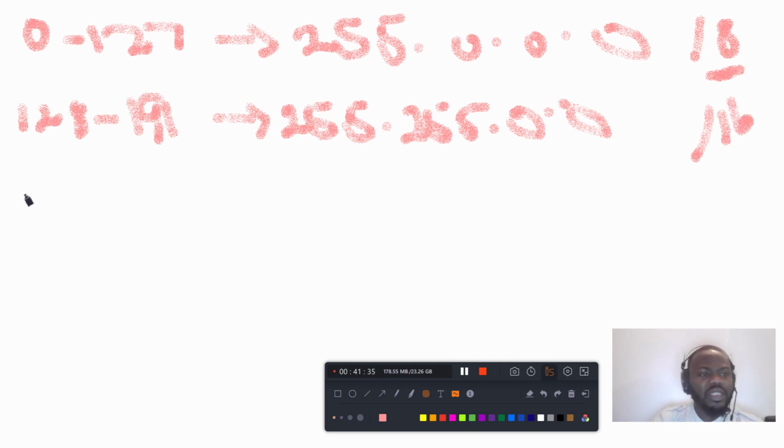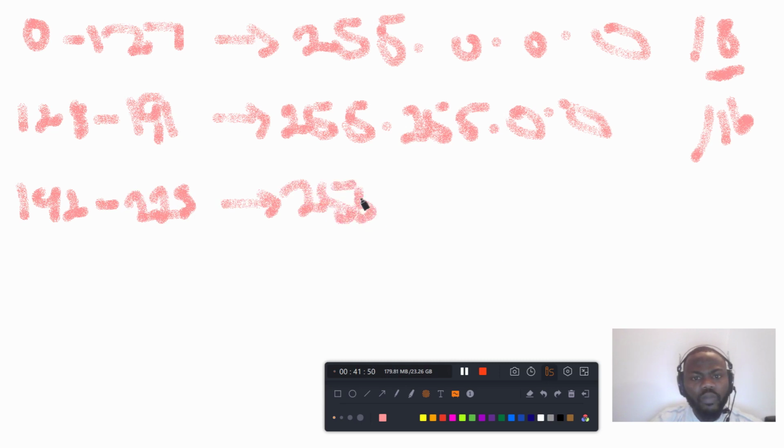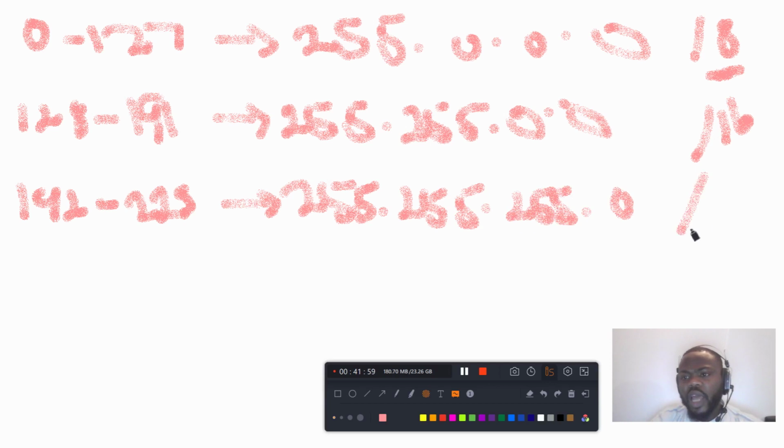Class C starts from 192 to 223, and the mask is 255.255.255.0, which is /24. This tells you have 24 ones. Now you can see class A has 8 ones, class B has 16 ones, class C has 24 ones. So this is what it all means.